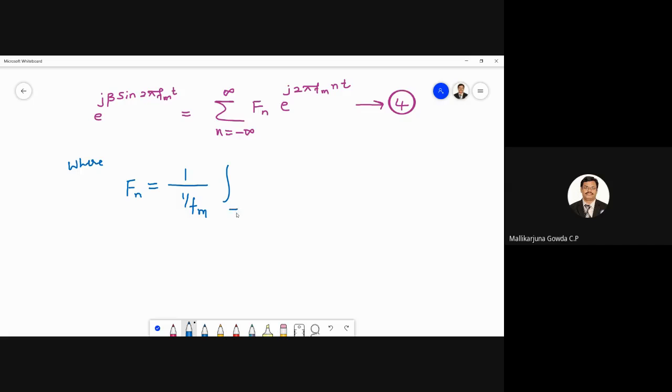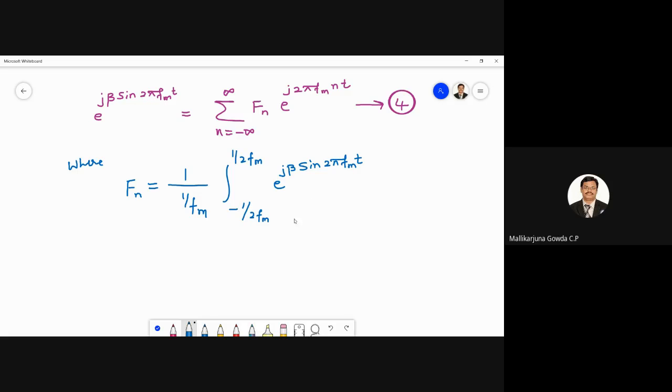So 1 by 1 by fm, then the integral from minus T by 2 to T by 2, right? Then what is g of t? g of t is e power j beta sine 2 pi fm t.